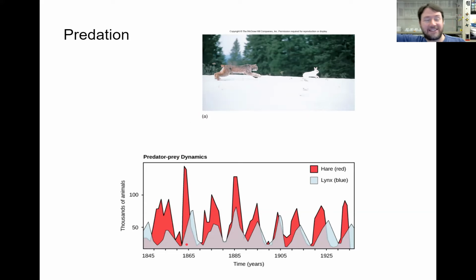And then the prey population can increase again, and then the predator population. So it's kind of these linked cycles that are offset by a certain time frame that we can sometimes see, especially if those predators are specialists, if they prefer to eat particular prey items. So, okay.